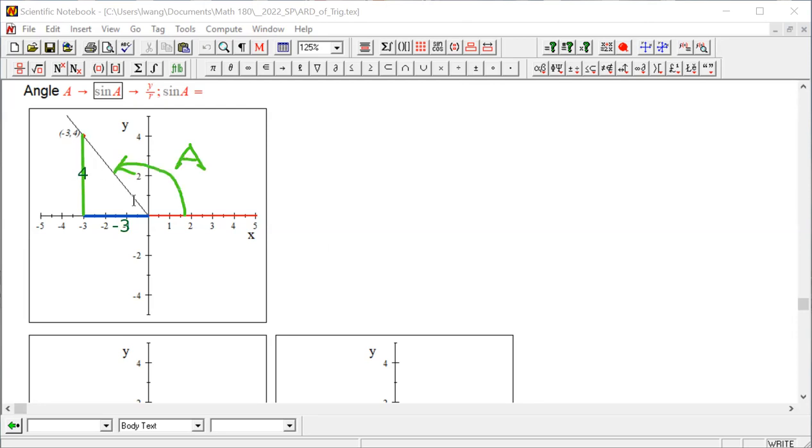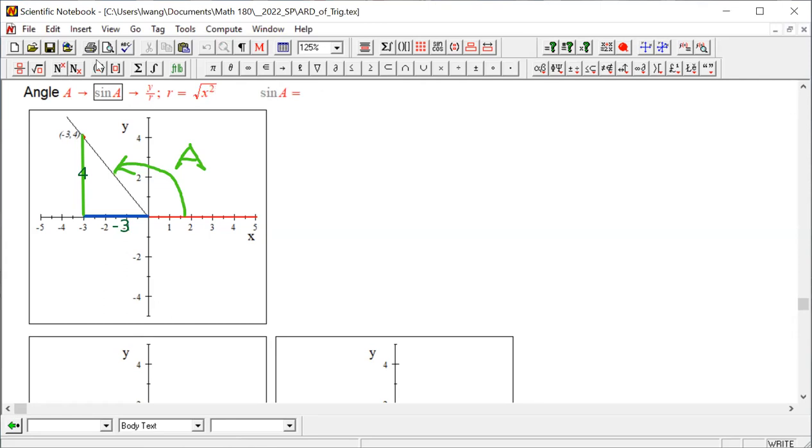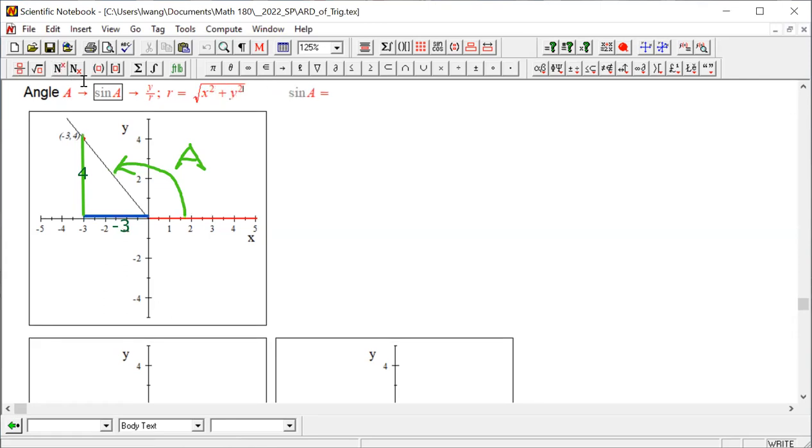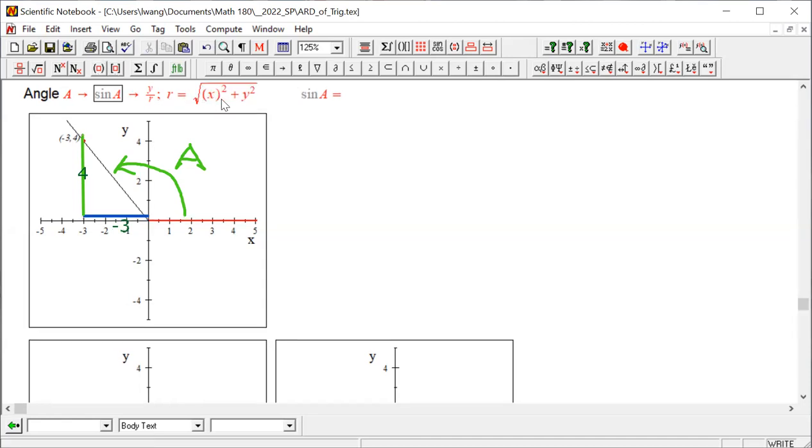And how about the radius, the r? Let's first find r. We can change the order a little bit; we don't have to follow the same order. What is r? R is the square root of x squared plus y squared, it's in the definition. Our x is -3 and y is 4.